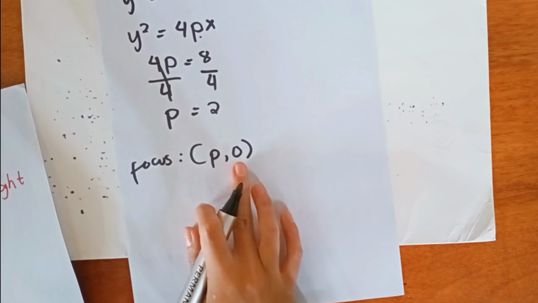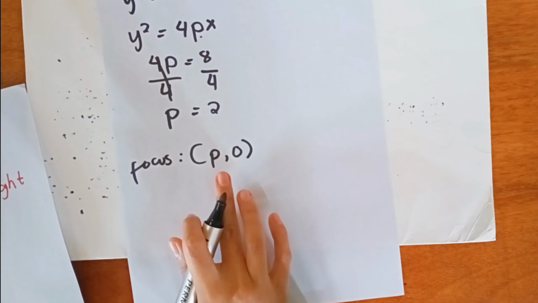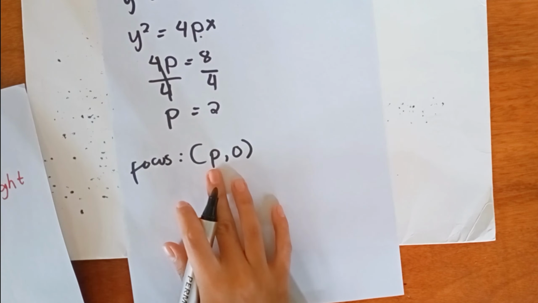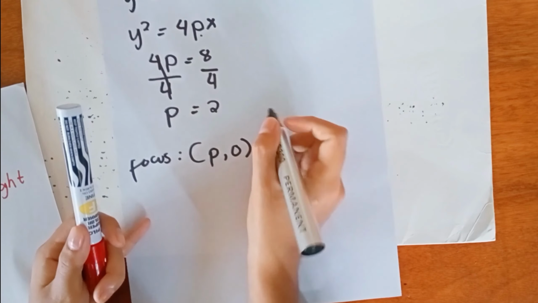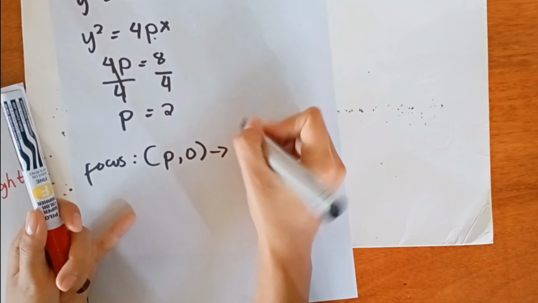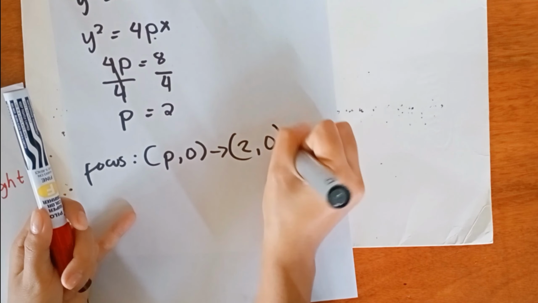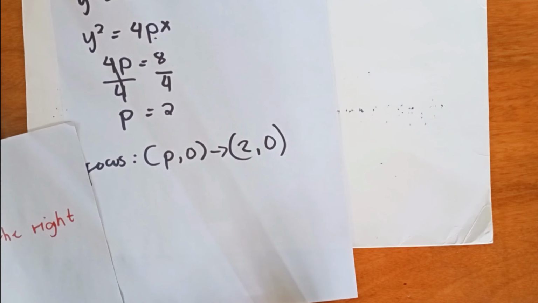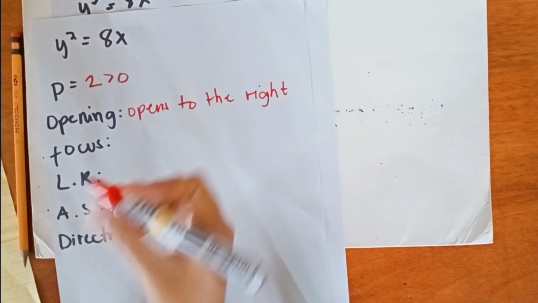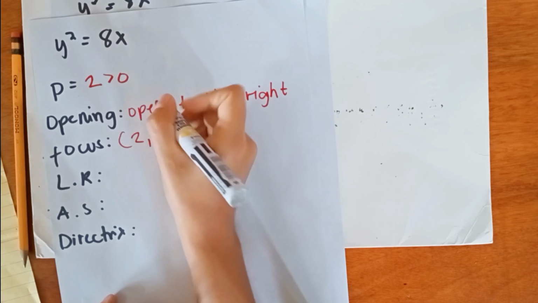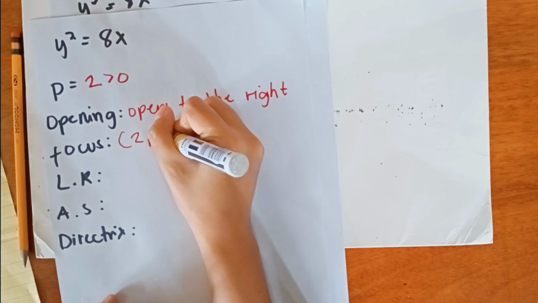We need to find the points for our focus. Our p is 2, so our focus now is (2, 0). Let's write here, our focus is (2, 0).